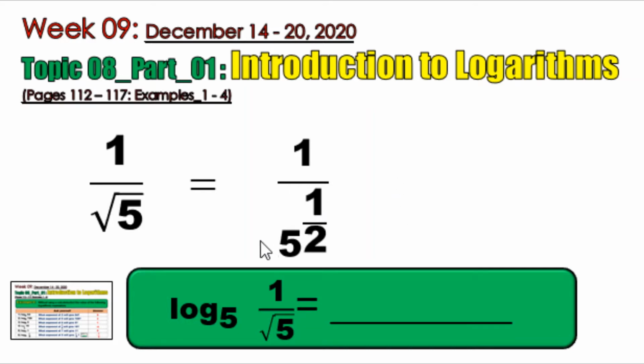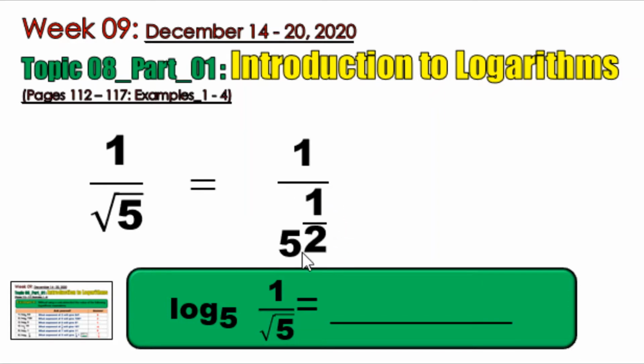If you can still remember, we have this radical. This radical can be expressed as a number with a rational exponent. So this is your index, which is 2. The exponent of 5 is 1. So 1 is the numerator and the index is the denominator. So we have square root of 5 can be expressed as 5 raised to 1 half.